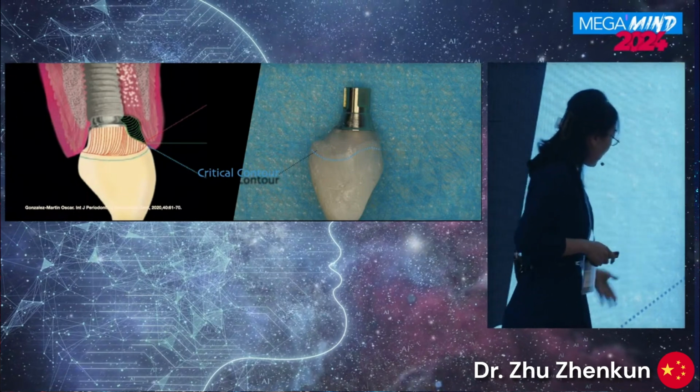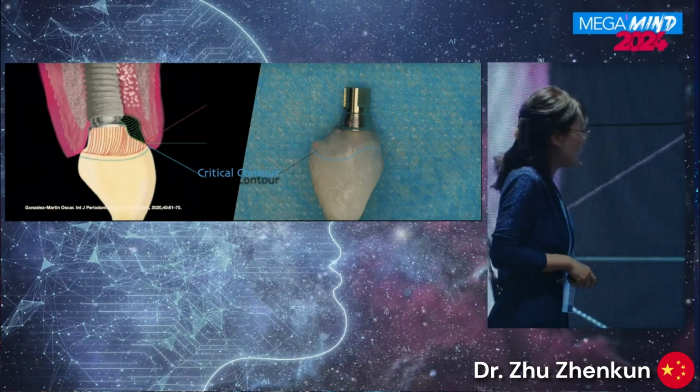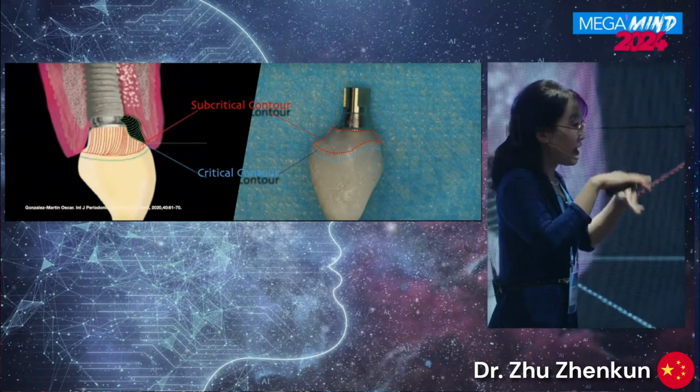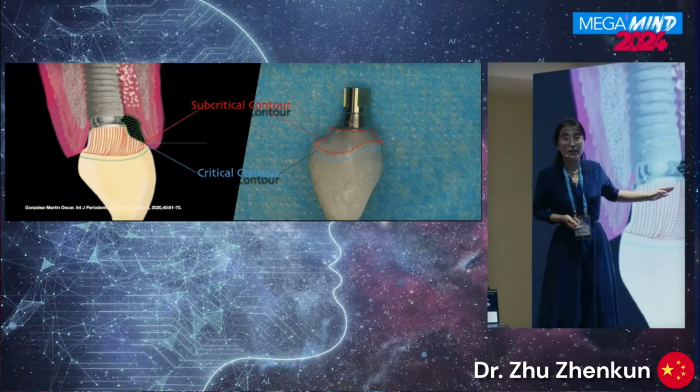The first one is the critical contour, and the next one is the subcritical contour with an S-curve.